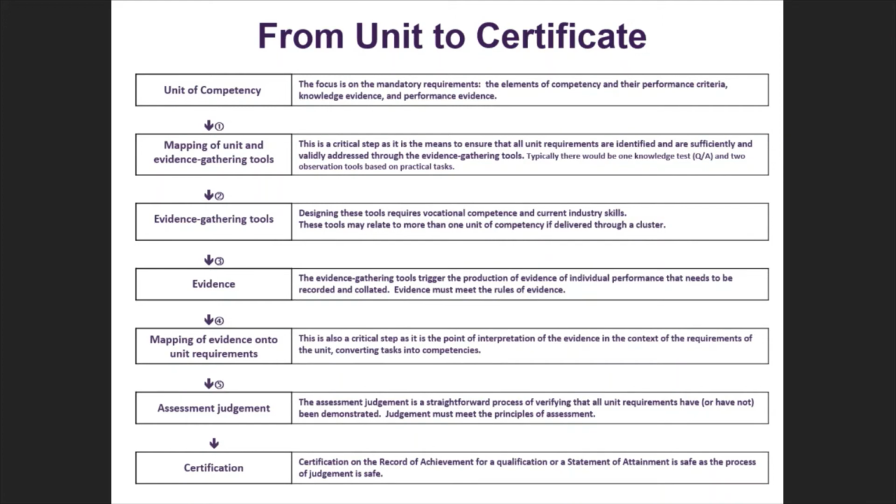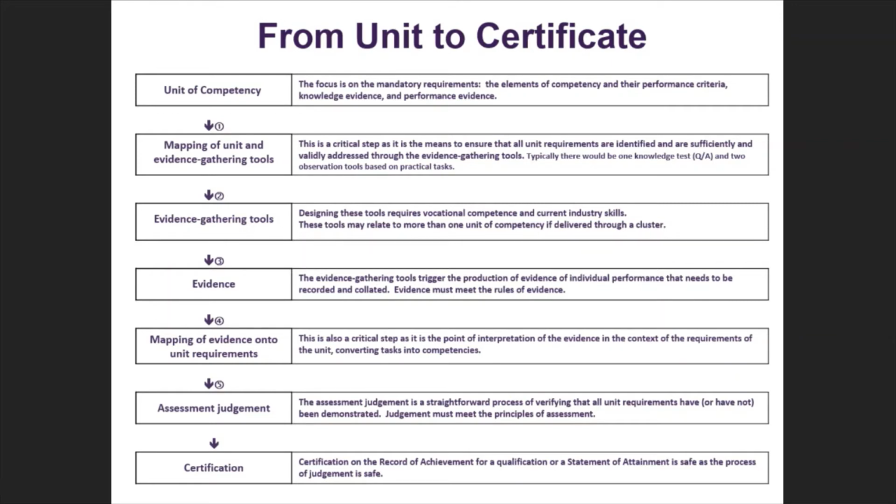And fundamentally what it's trying to do is to make sure that the evidence gathering tools, which is the third box, faithfully reflect the unit of competency, which is the first box. And so in between those two boxes is conveniently a mapping, which says here are the unit requirements and here are the evidence gathering tools, and this is how they relate. So it's normally a matrix showing that.